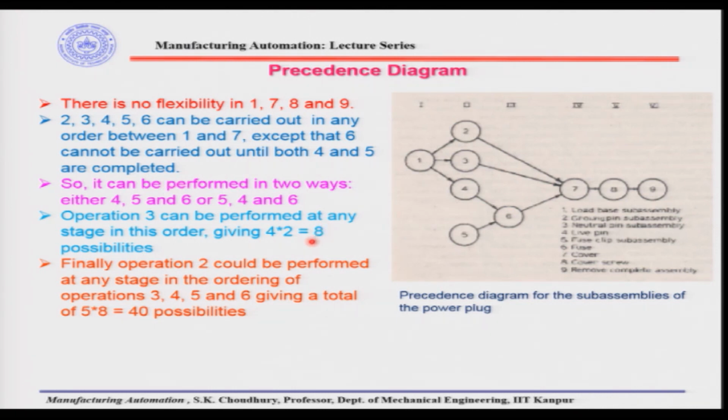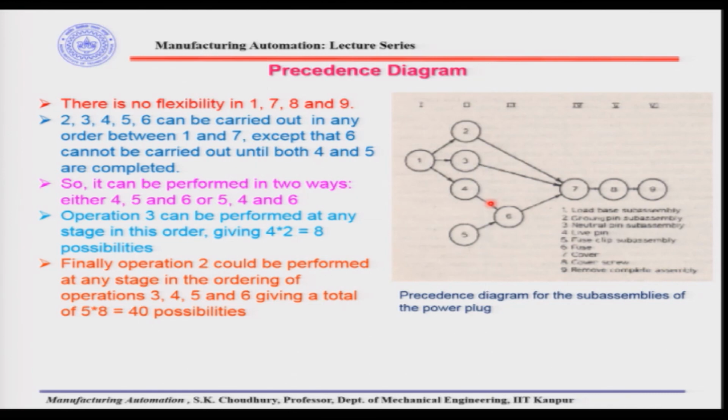So, the number of possibilities will be 8 then. Finally, operation 2 could be performed at any stage in the ordering of operations 3, 4, 5 and 6, and earlier we have seen there are 8 possibilities. So, now there are 1, 2, 3, 4, 5 positions into 8, which will be 40 possibilities.